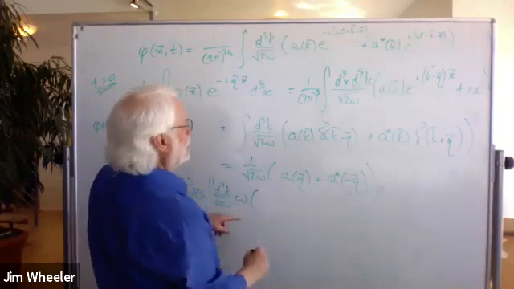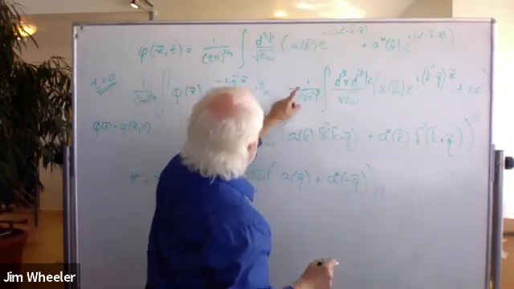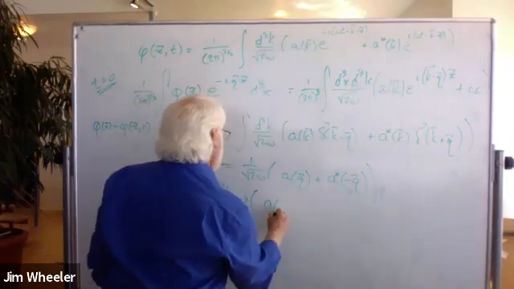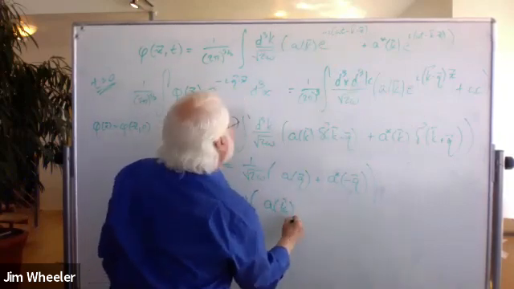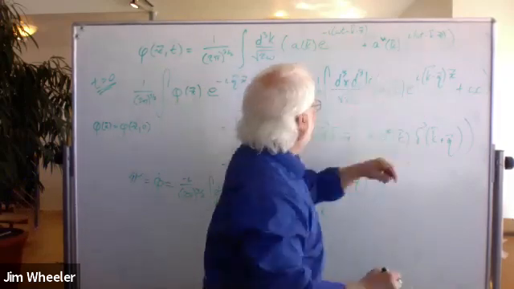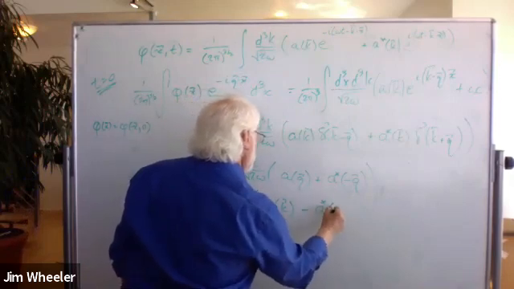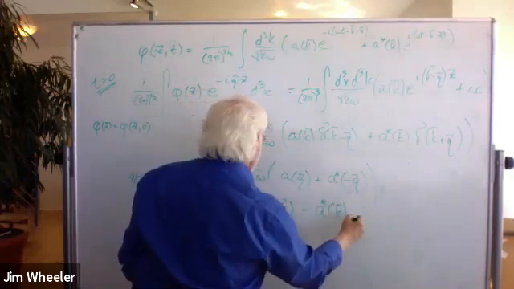I had a minus i omega here, so this one is still positive, A of k. But there's a relative minus sign here because we pulled down a positive i omega. So we get plus the conjugate A of k here.